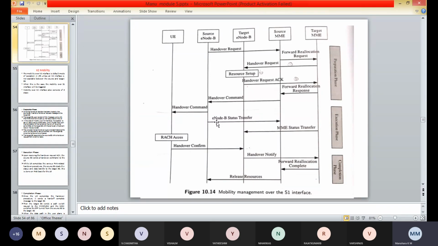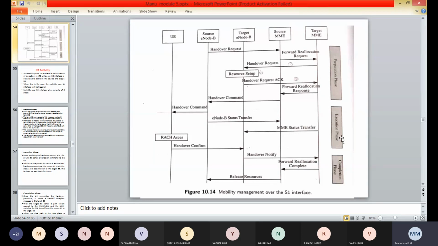So moving on to the execution phase. So here in the execution phase, once the user equipment receives the handover command, it responds by performing the various RAN related procedures which are needed for the handover, including accessing the target E node B by using the random access channel, that is RACH channel.